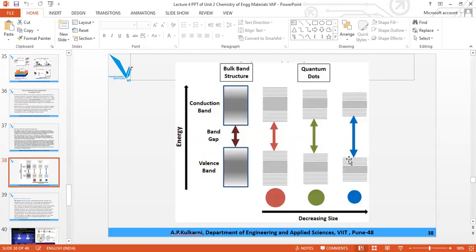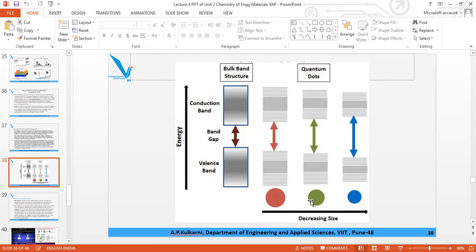And you know the formula for energy and lambda. Are they directly proportional or inversely proportional? E is equal to hc upon lambda, so inversely proportional. Here, the energy difference is more for smaller size quantum dots.